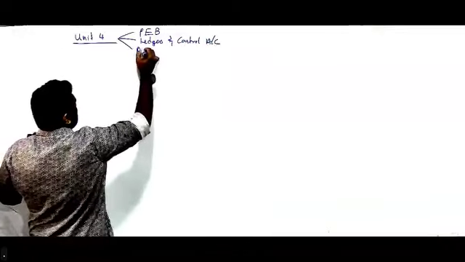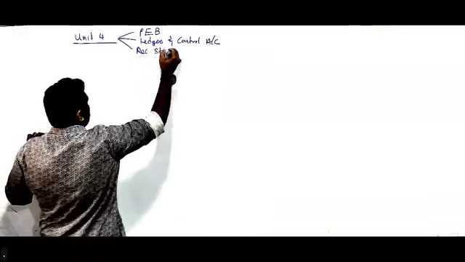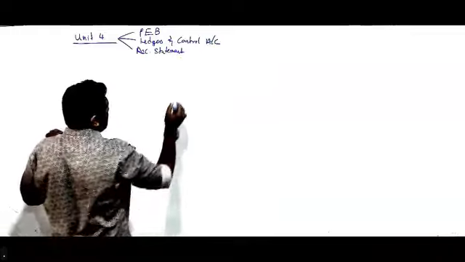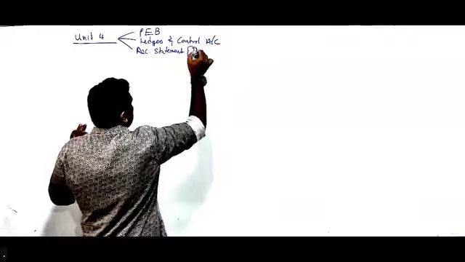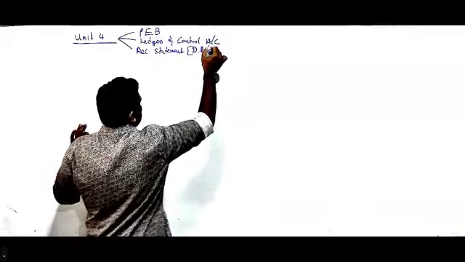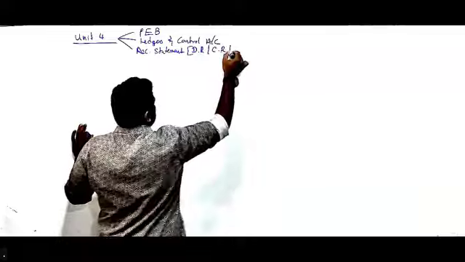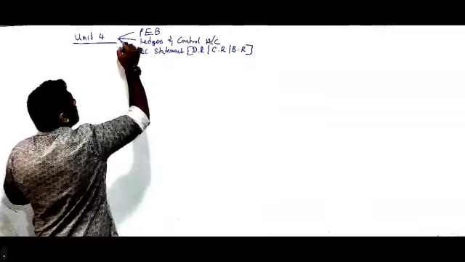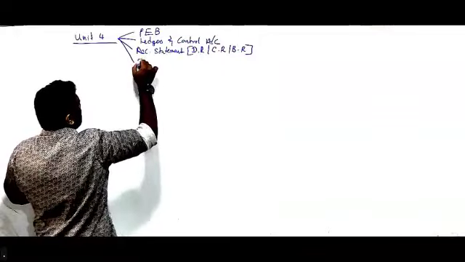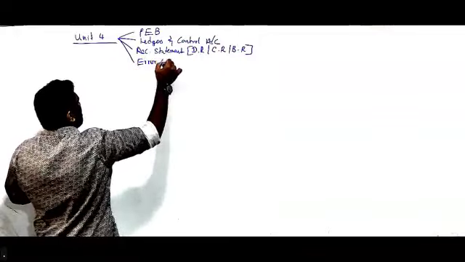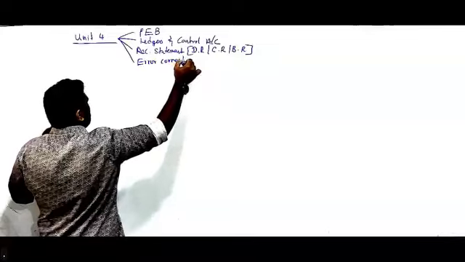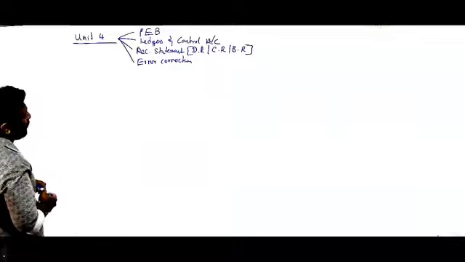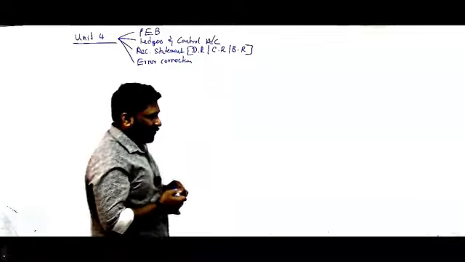Another one is the reconciliation statements. When it comes to reconciliation statements, we'll be focusing on debtor reconciliation, creditor reconciliation, bank reconciliation, and the next one, error correction. So these are the main 4 areas where we have to focus in unit number 4.